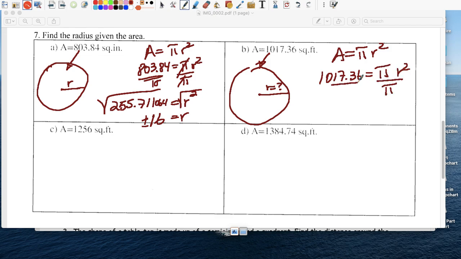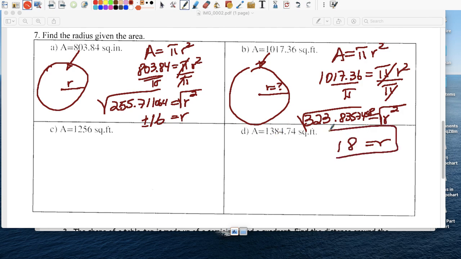Divide both sides by pi, and in your calculator right now you should be looking at 1017.36 divided by pi equals 323.8357458. Square root of that, and r equals plus or minus 17.99, and we're just going to write 18 for our purposes.